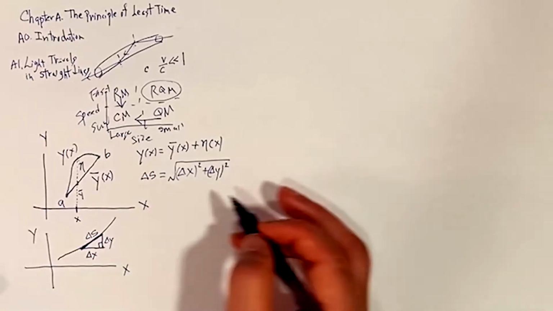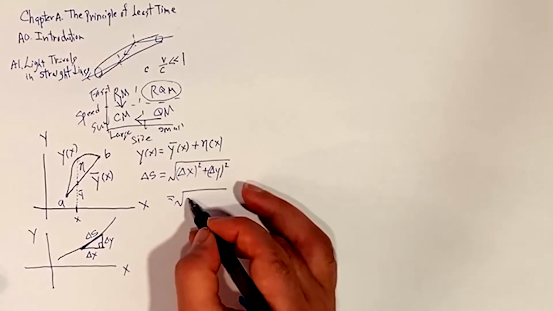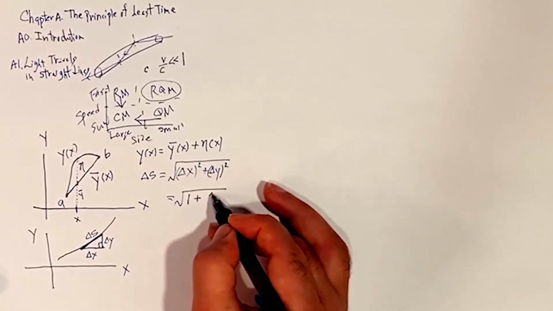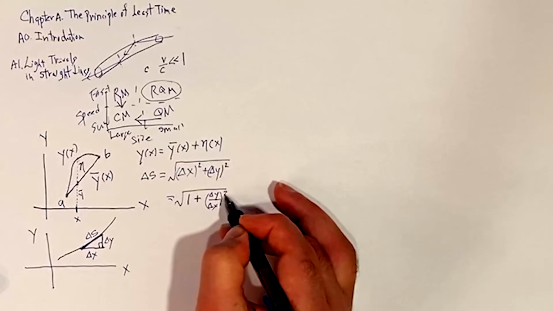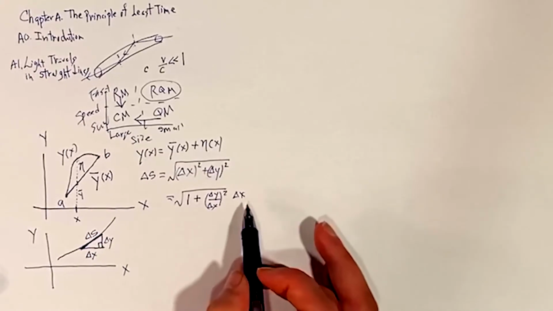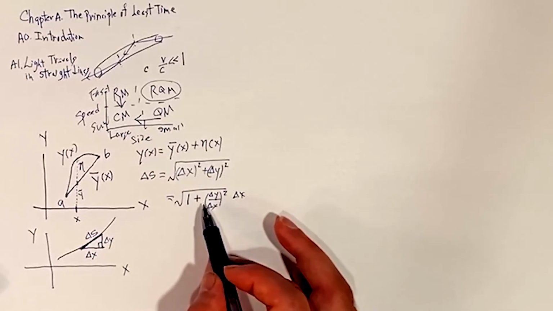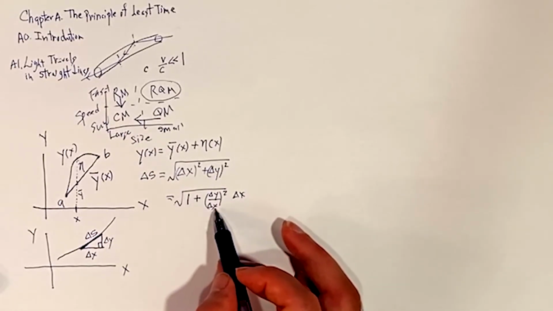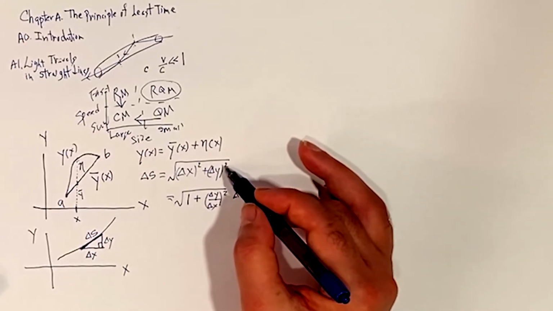Then we can factor out the delta x, like they do in calculus classes. If you do that, you get the square root of 1 plus delta y over delta x squared, times delta x. Let's just check that. If the delta x goes inside the square root sign, it goes in as a delta x squared. That kills the delta x squared in the denominator to get you just delta y squared.